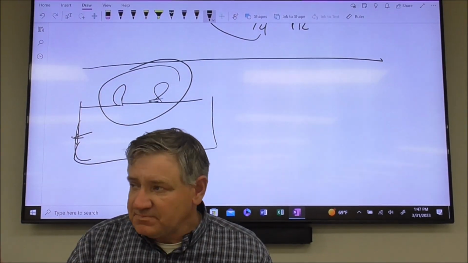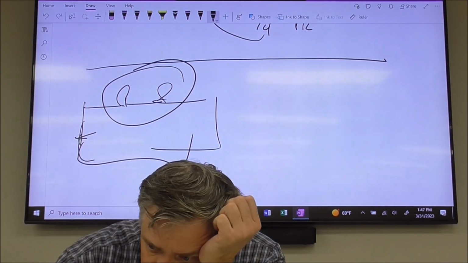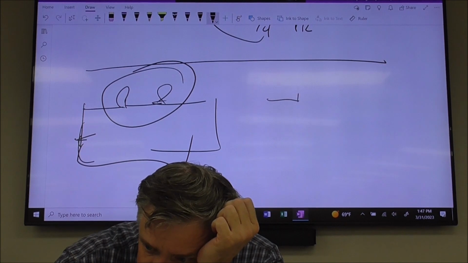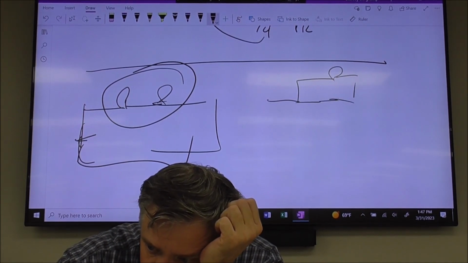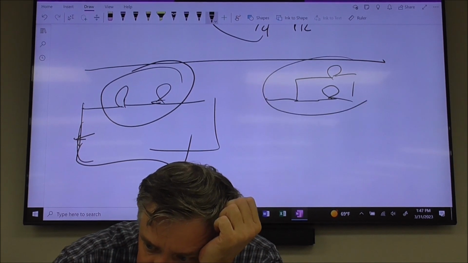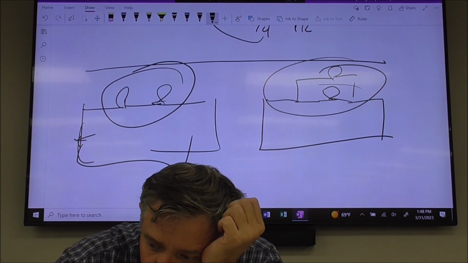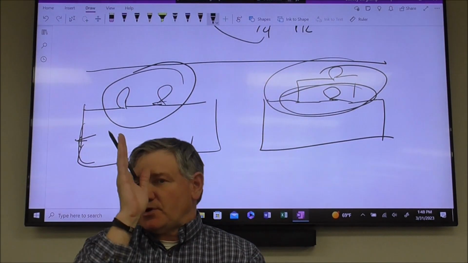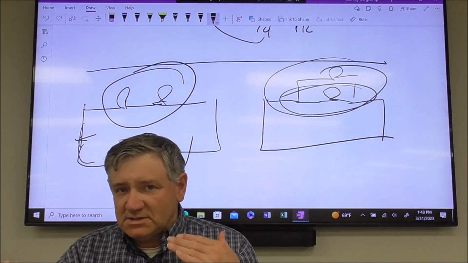It's just by itself. Now, here's the deal. Let me give you a hint. When you split it, okay, what's going to happen to the current going into each bulb once it splits?